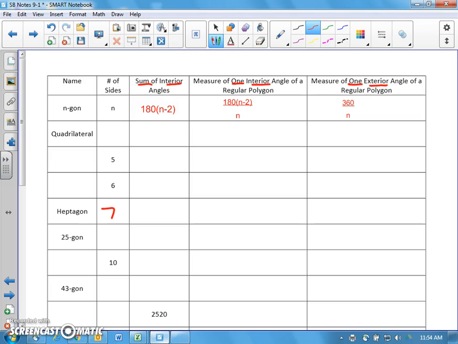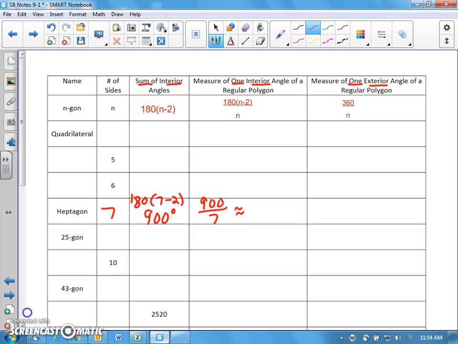So once I know that, I can calculate this by doing 180 times 7 minus 2. When I do the calculations here, this is going to tell me that there's a total of 900 degrees inside a regular heptagon. To figure out the measure of one interior angle, I'm going to take that 900 and divide by 7.